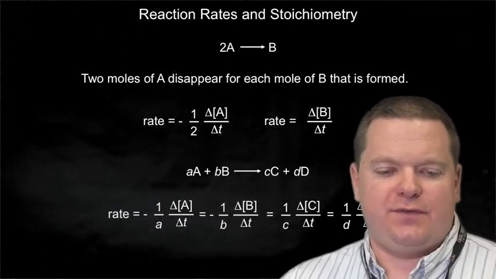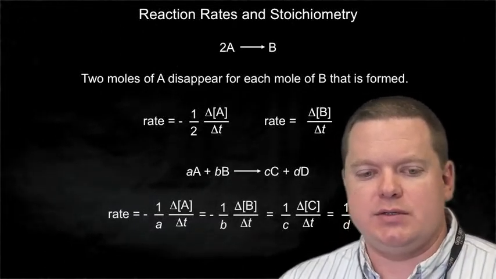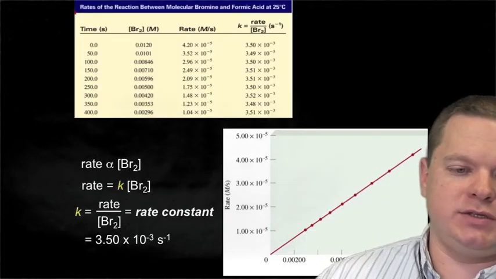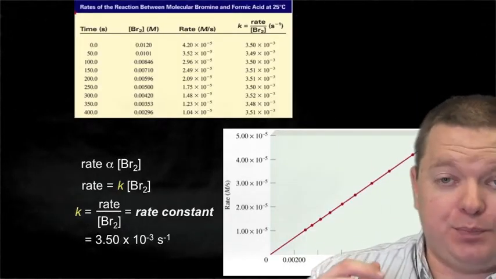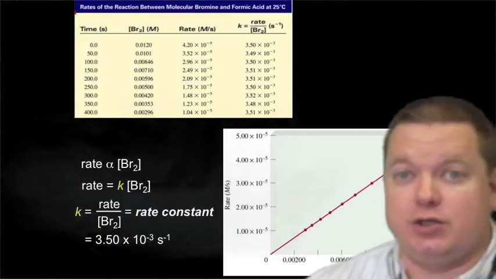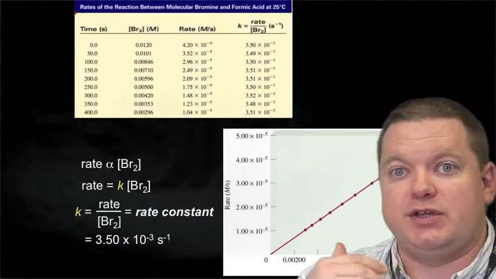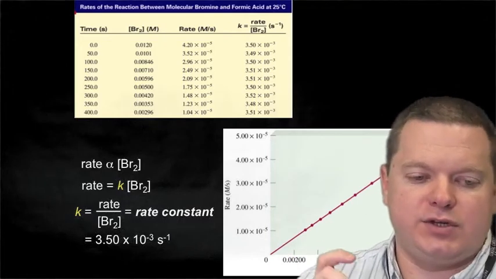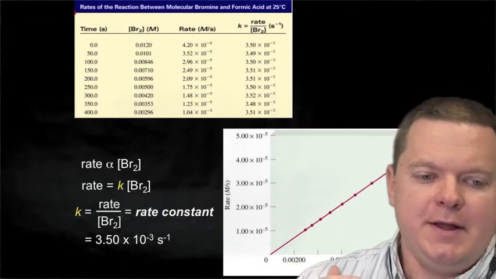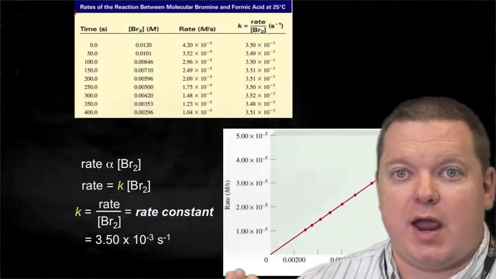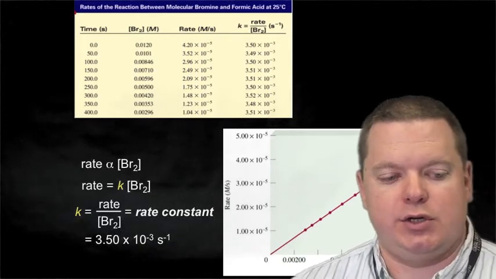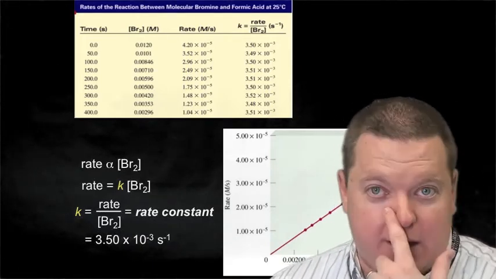We'll also see that if we follow these reactions, the rate is proportional to the concentration of that reactant present, but it's not directly proportional. There's some probability factor or some fudge factor, some constant that relates the rate that the reaction is occurring to the concentration, which we're going to call the rate constant.